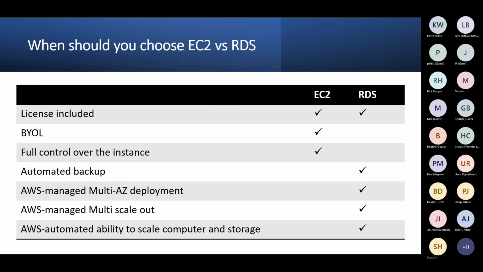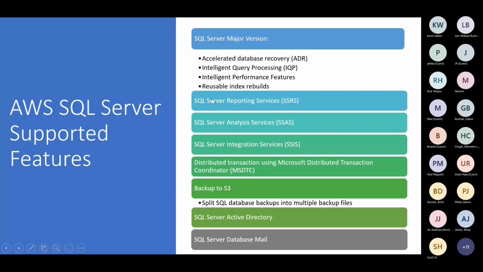However, if you're looking for a managed instance, like managed multi-AZ deployment, managed scale-out, and automated ability to scale compute and storage, that's when you have to think of RDS. As our presentation is strictly based on SQL Server, that's where we're going to focus.